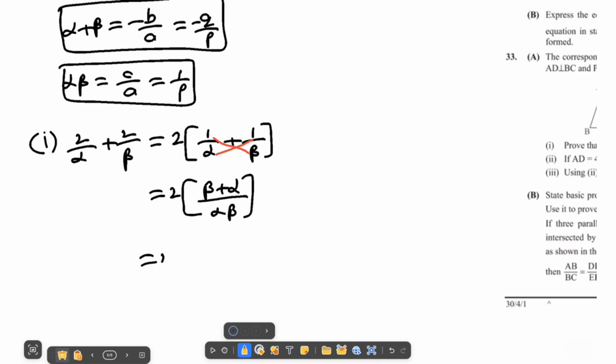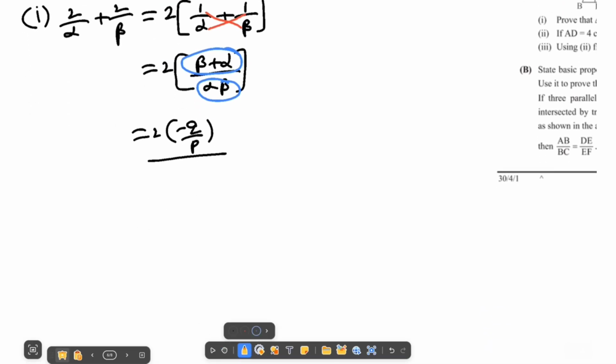So this is 2 into, now this is nothing but the sum of zeros. Alpha plus beta or beta plus alpha are the same. The sum of the zeros is minus q by p. So write minus q by p here, by the product of zeros, which is 1 by p.